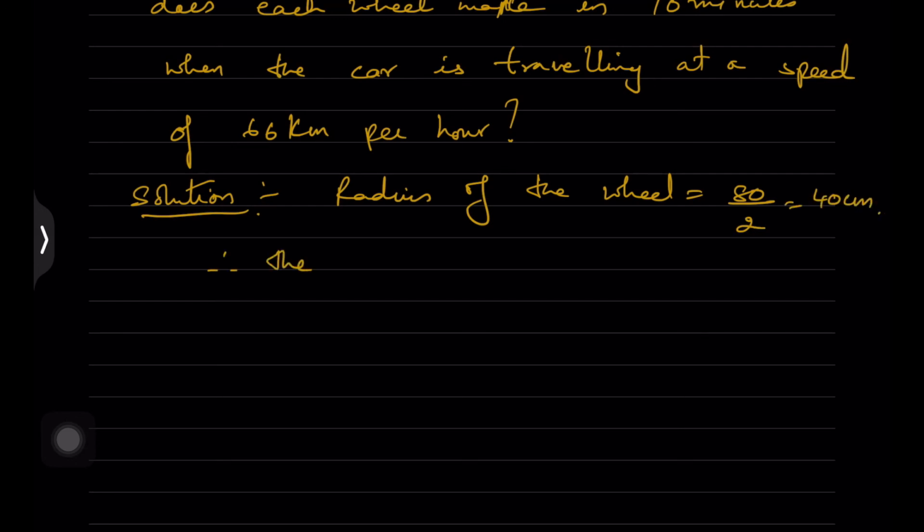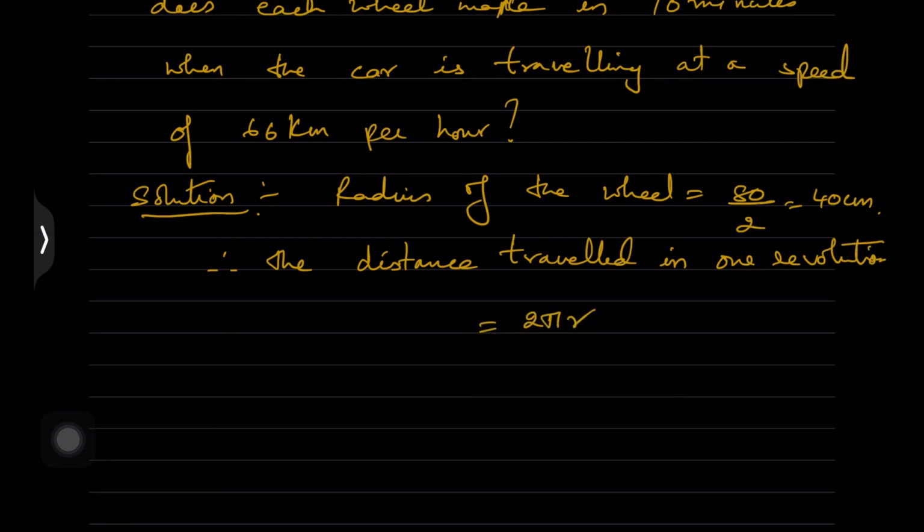Therefore the distance travelled by the car in one revolution is equal to 2 pi r, that is nothing but the circumference. So 2 into 22 by 7 into 40, which is equal to 1760 divided by 7 centimeters.